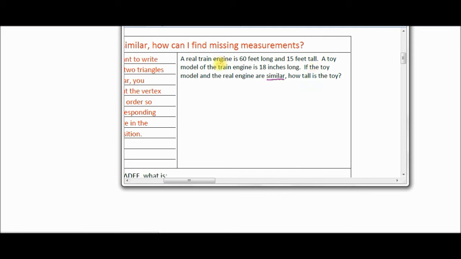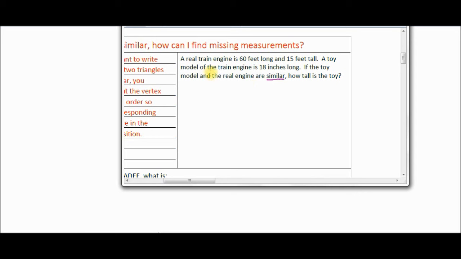So, the way you solve this problem is we could find a scale factor. That's one way to do it. You saw in our previous example, we figured out scale factors, if one of them is a pre-image and one of them is the image. The other way to do this is to set it up as a proportion, and we're going to do that. That tends to be a little bit faster, and I would rather use proportions if I don't know which is my pre-image and which is my image.